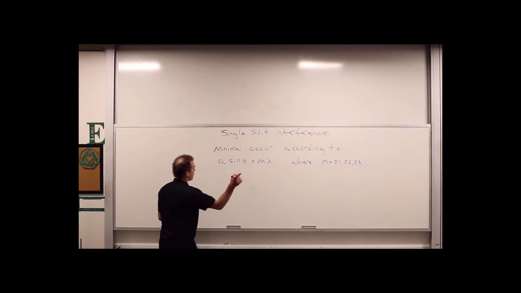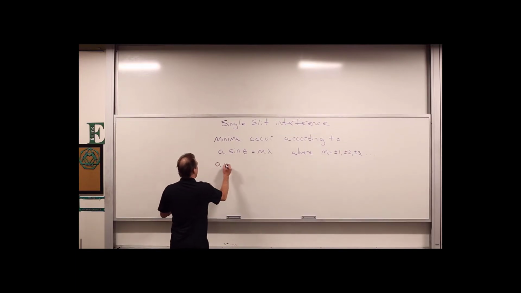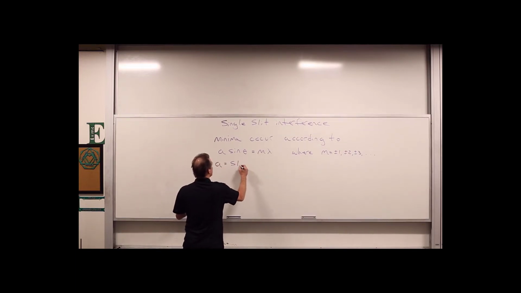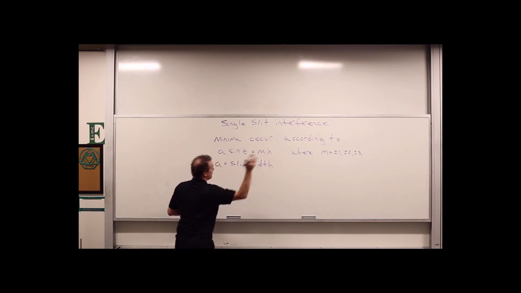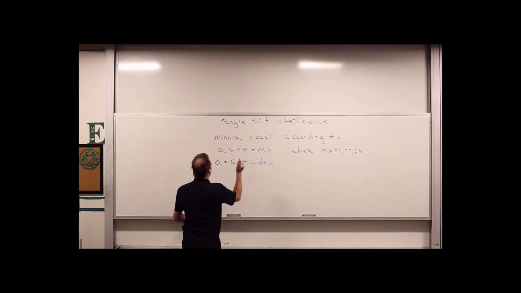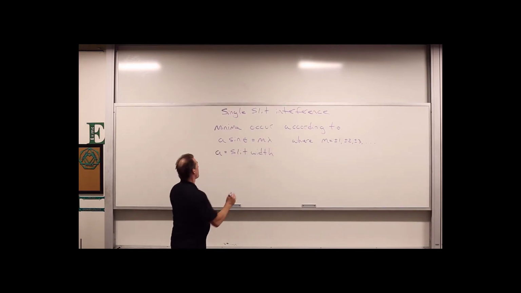Minima occur at this. Well, what is a? a is equal to the slit width. m is the order number. Theta is the angle relative to the principal axis.